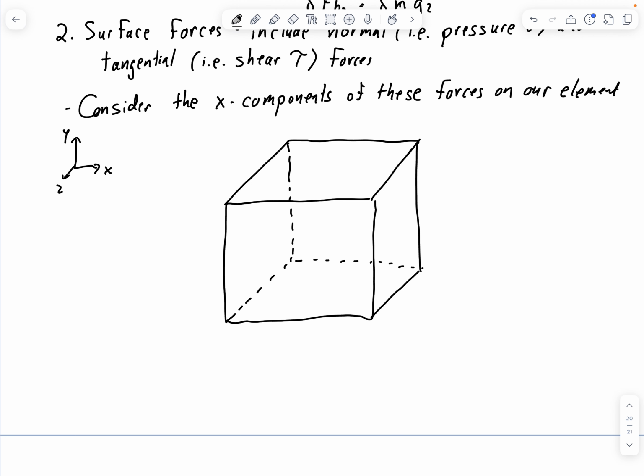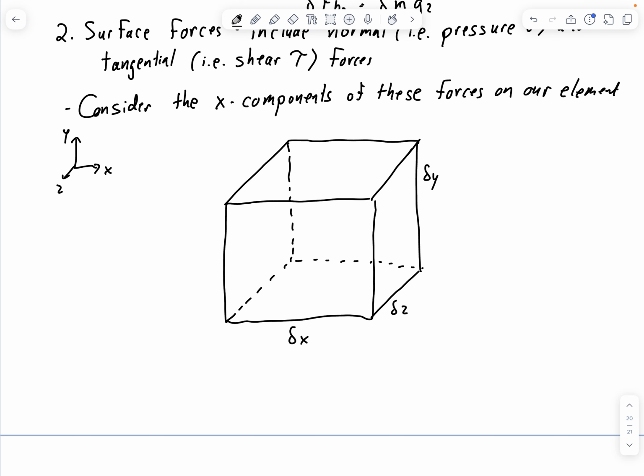So here's our little cube, which has sides of length delta x, delta y, and delta z. The volume here is just delta x times delta y times delta z.